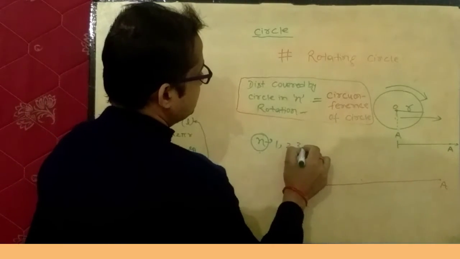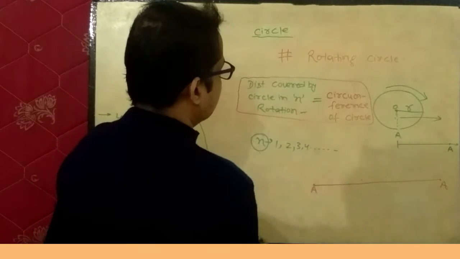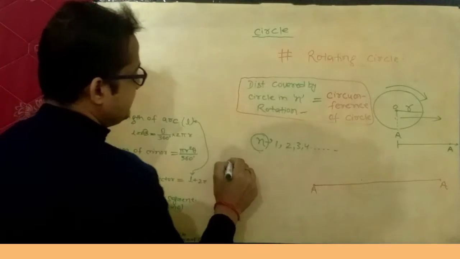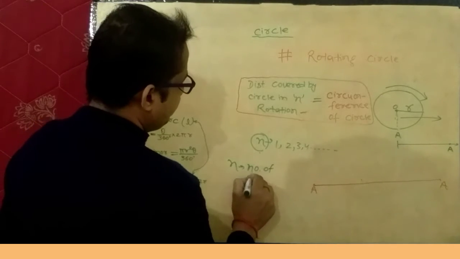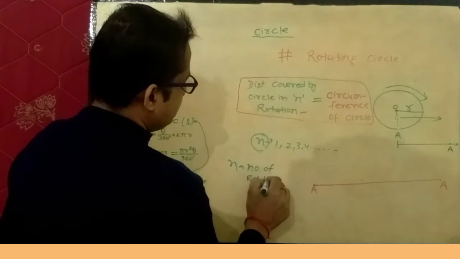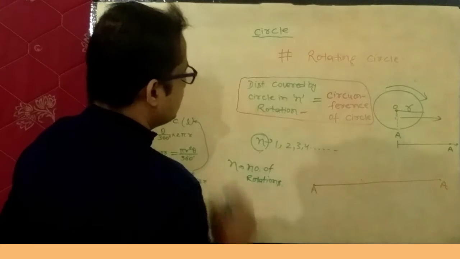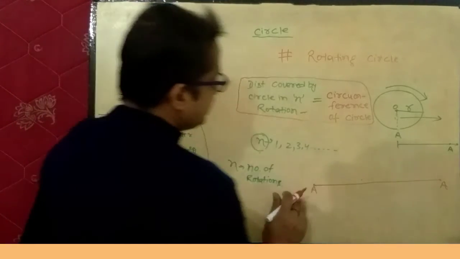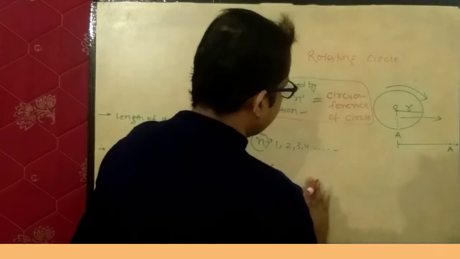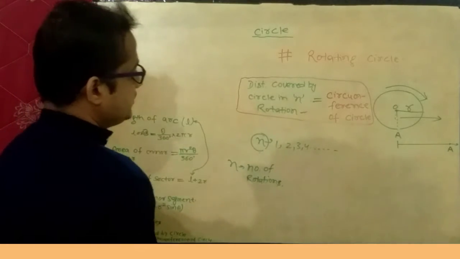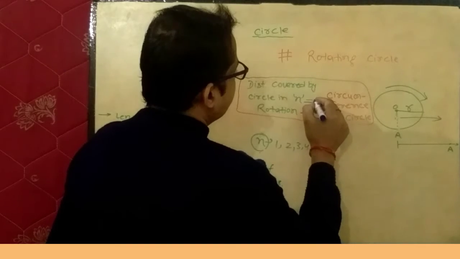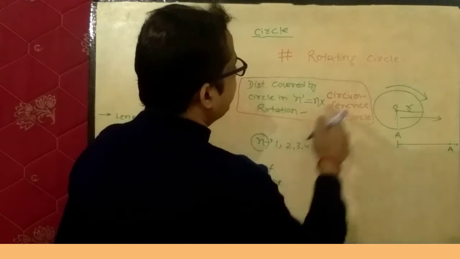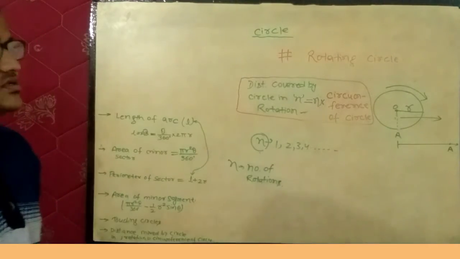Where n is 1, 2, 3, 4, and so on, that is the number of rotations. So the distance covered by a circle in n complete rotations equals n multiplied by the circumference of the circle.